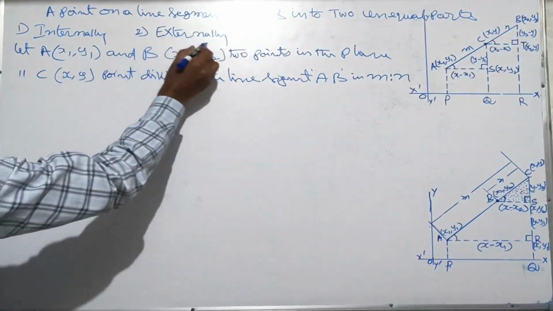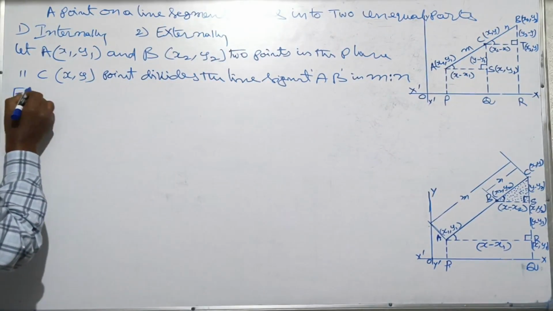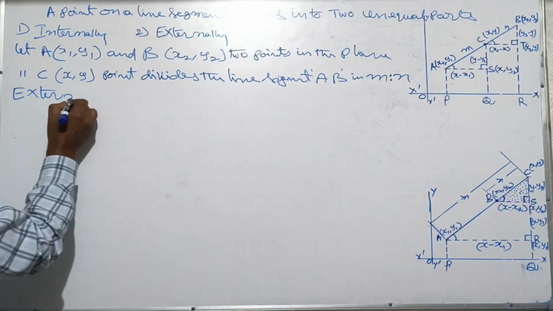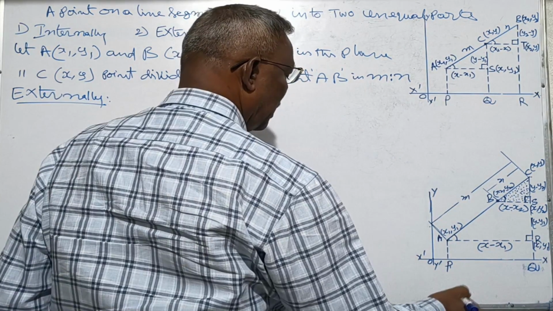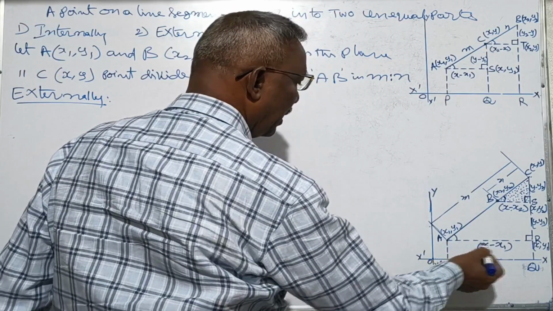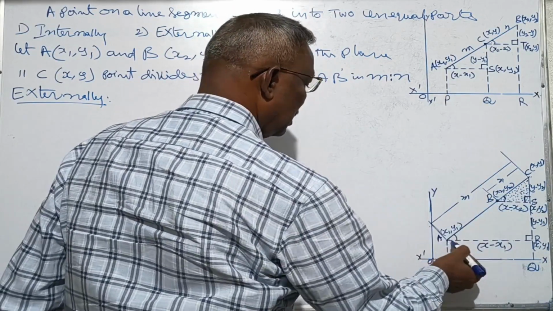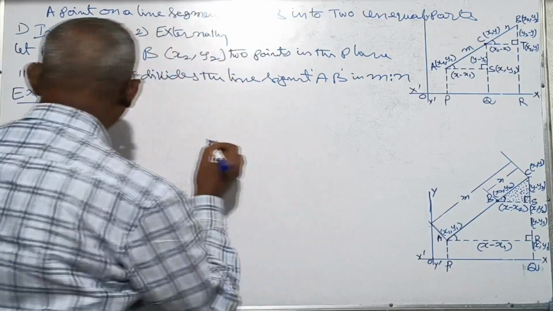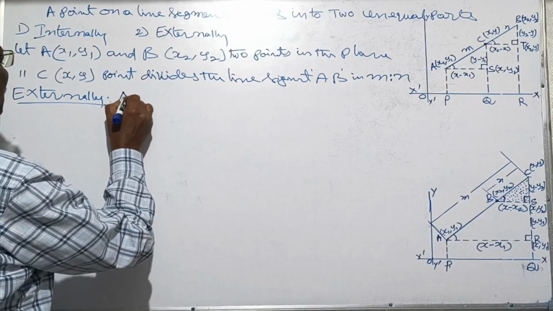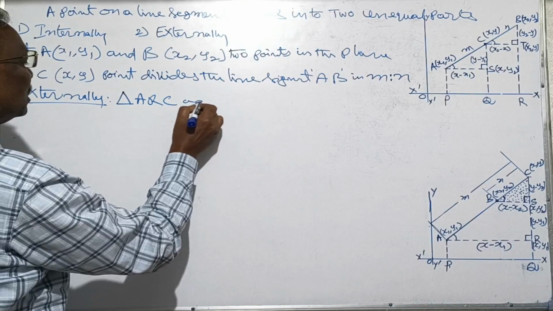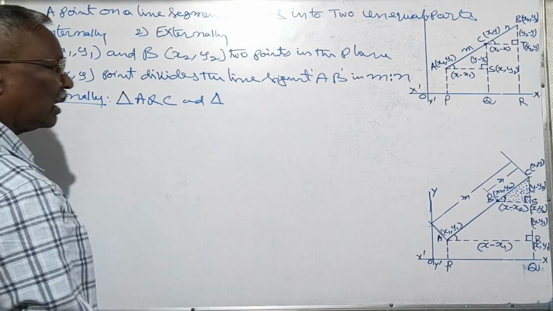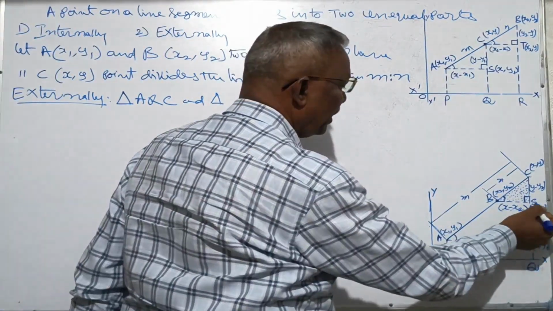Next, this is externally. Here, triangle ARC and triangle BSC.